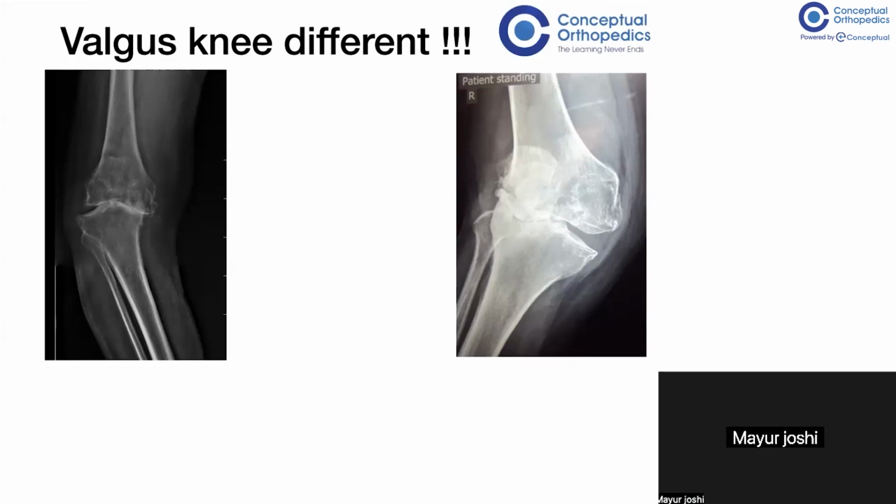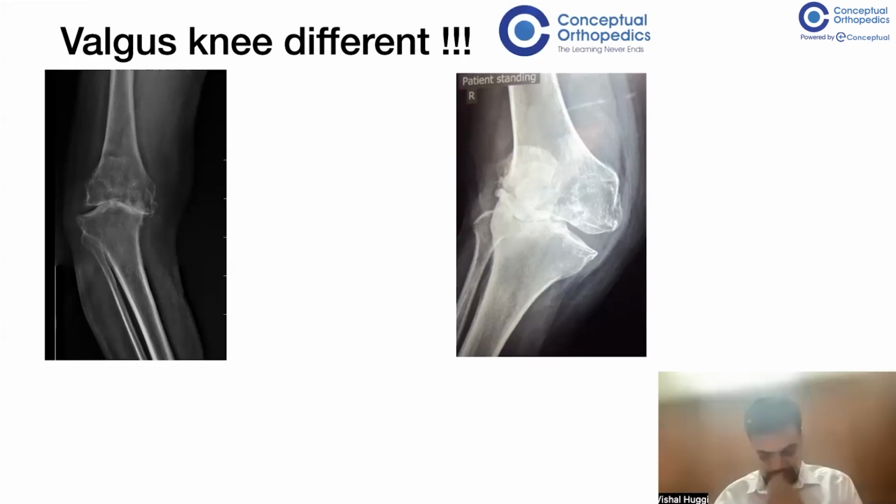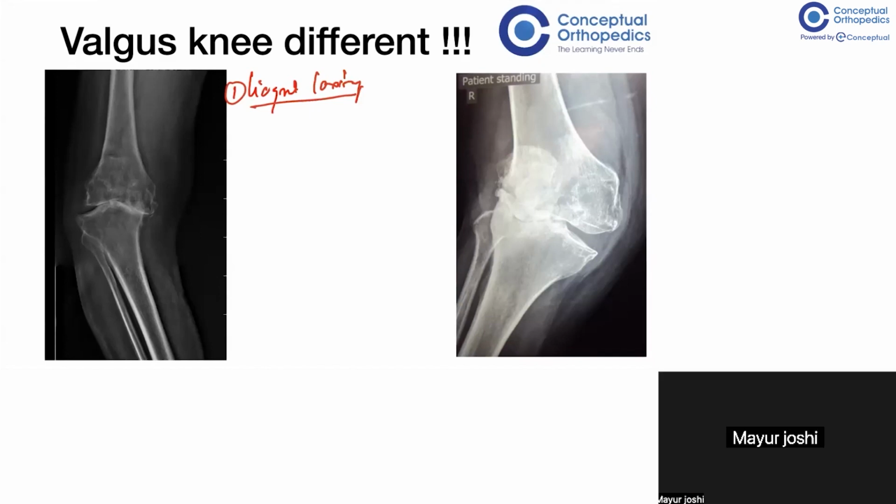Sir, ligamentous laxity. In a varus knee, there is LCL laxity and a contracted MCL.